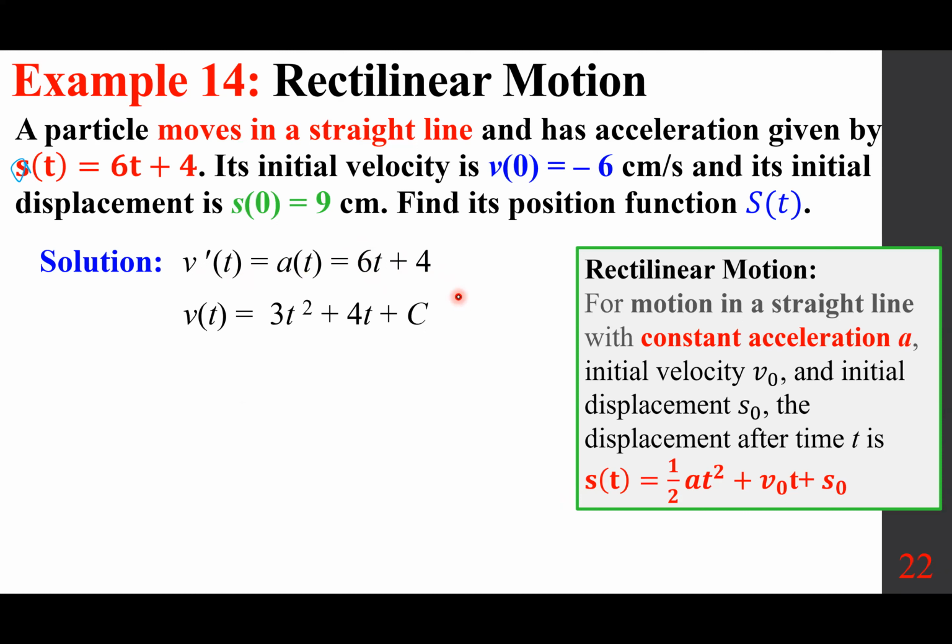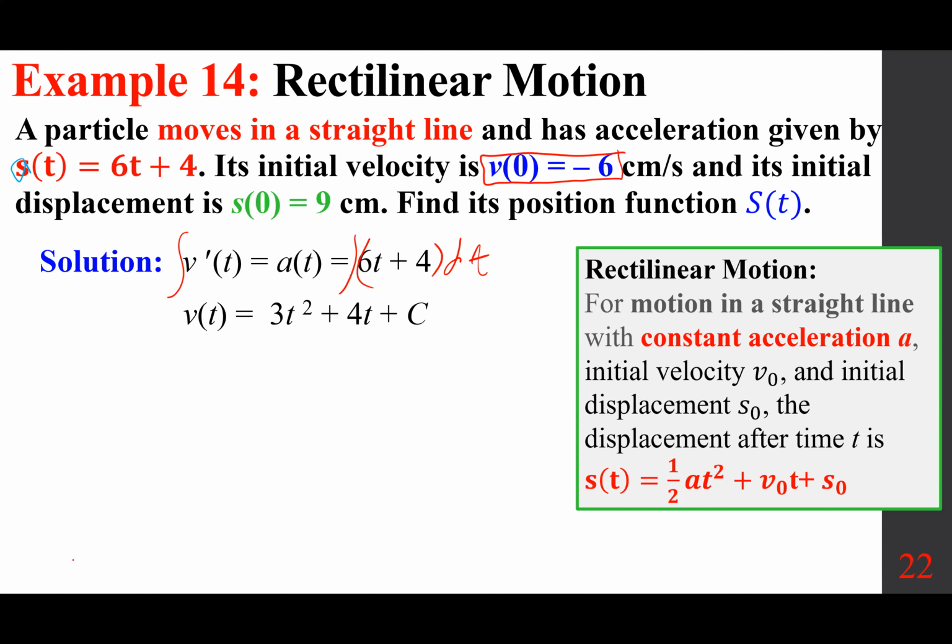So what is the problem? The problem is the constant. However, we are given the initial value (0, negative 6). That means when t is 0, v is negative 6.